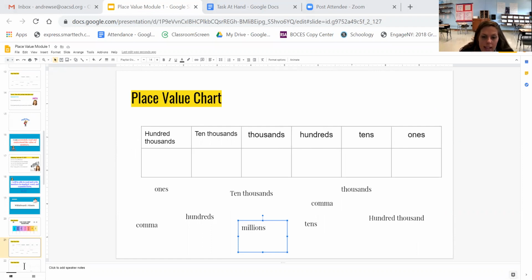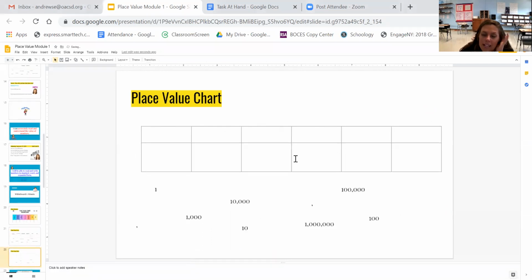Next, we're going to try it in standard form. So what I'd like you to do is pause your video and go ahead again. I don't know if you want to take a screenshot, maybe that's easier, and write in our place values. Go ahead and pause your video.